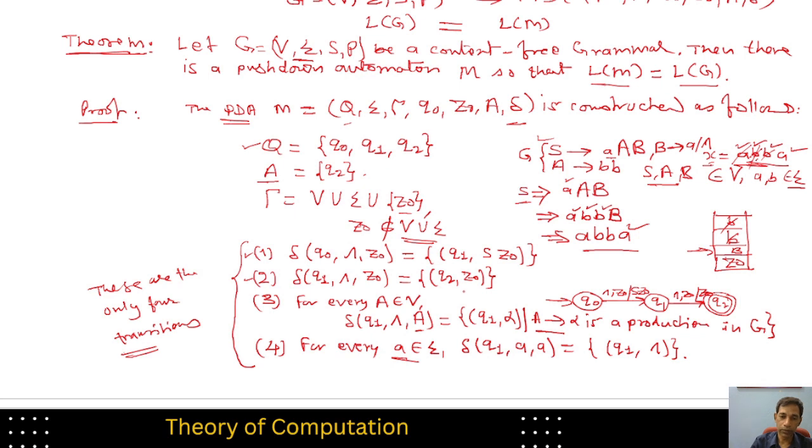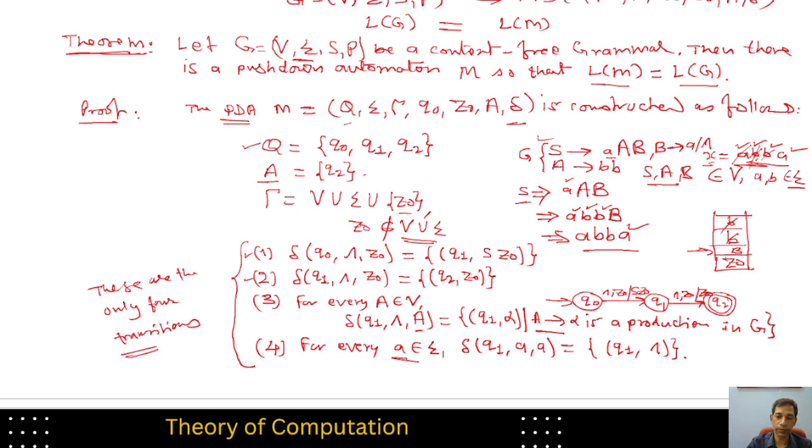At the state Q1, you have 2 situations. The top of the stack will be either a non-terminal or a terminal. If it is a non-terminal, then we need to replace the non-terminal with the string alpha, such that in the production rules of the grammar, that non-terminal derives the string alpha.